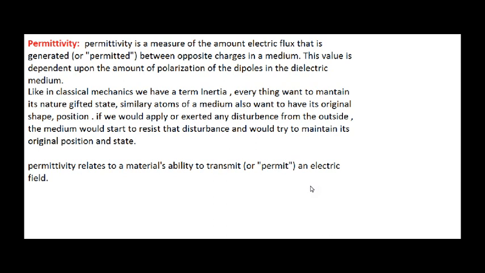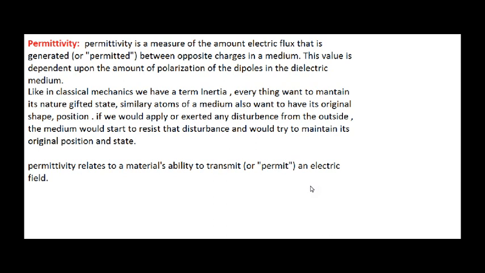According to the first law of Newton, a body would try to be at rest, or in uniform motion with uniform velocity, if the external force is zero, if there is no external disturbance or perturbation.